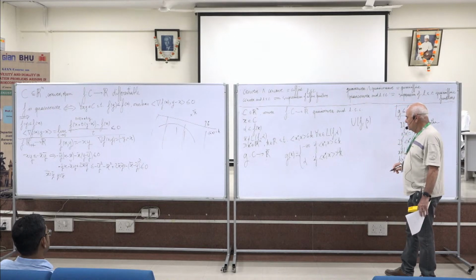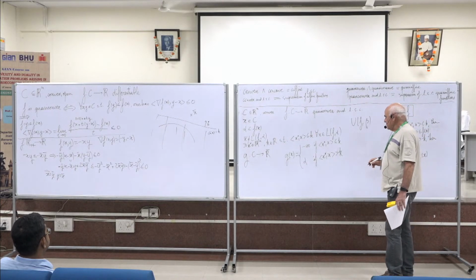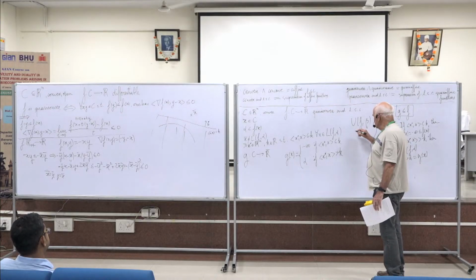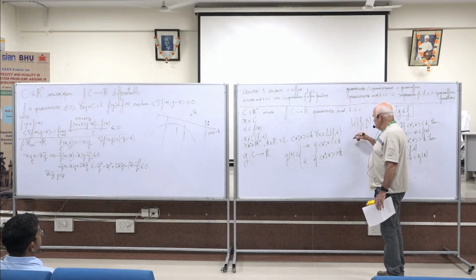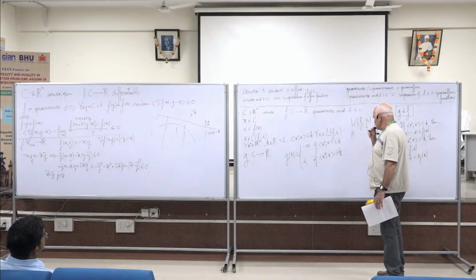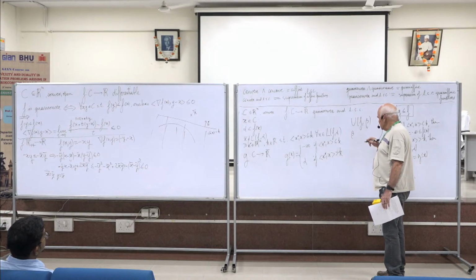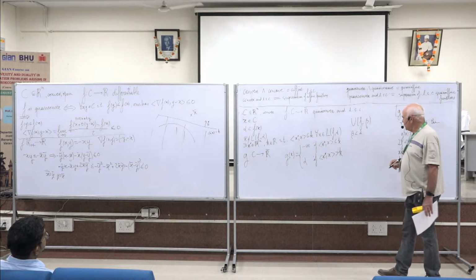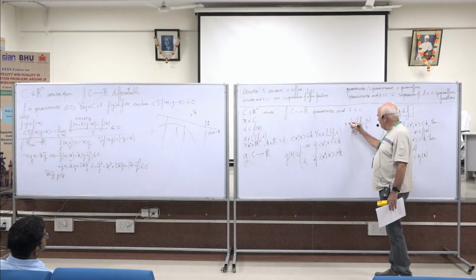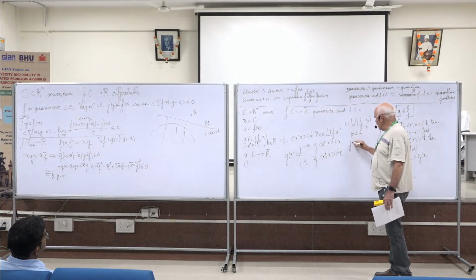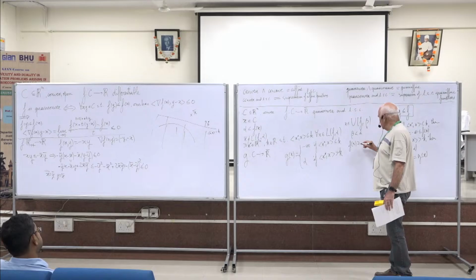Then if beta is less than alpha, what is the condition? Then g of x greater than or equal to beta.